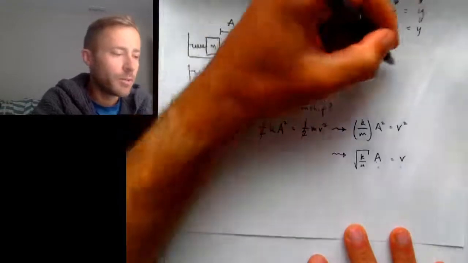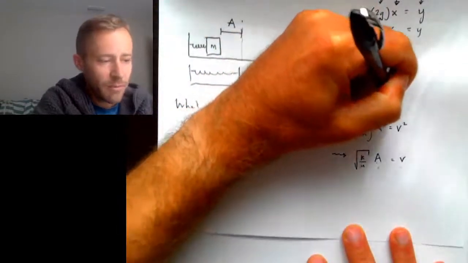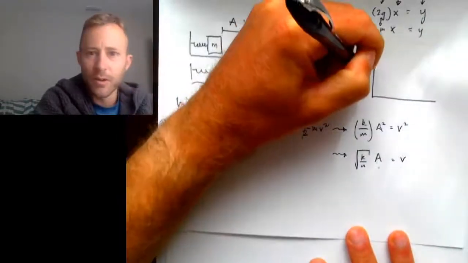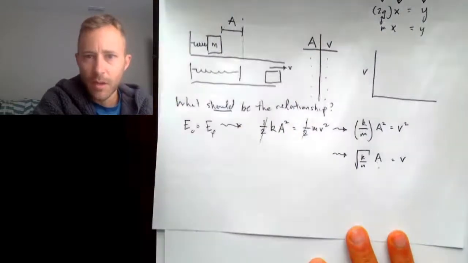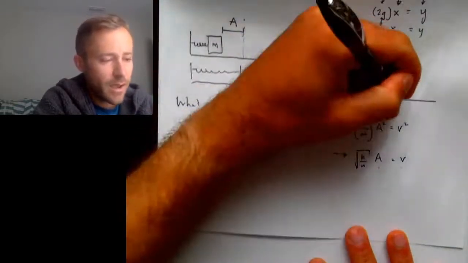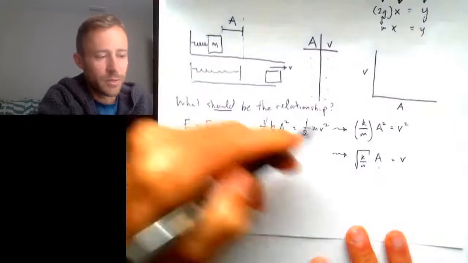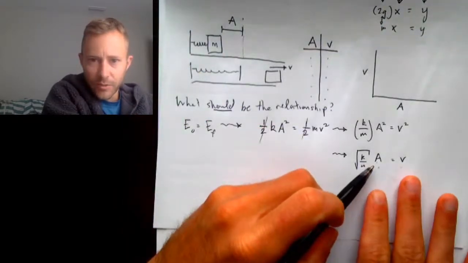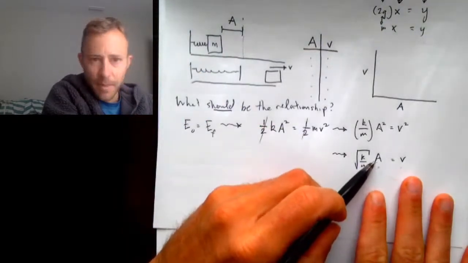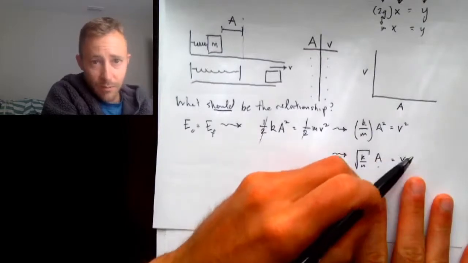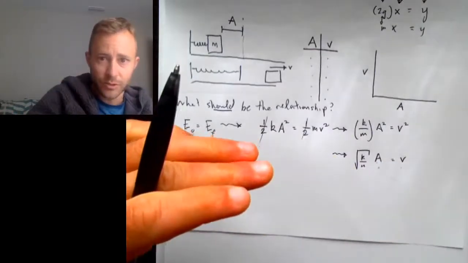So what I'm going to be doing is graphing v on the vertical axis, and I'm going to put a on the horizontal axis, because in my equation of physics, I naturally got a to the 1 power and v to the 1 power in my equation.